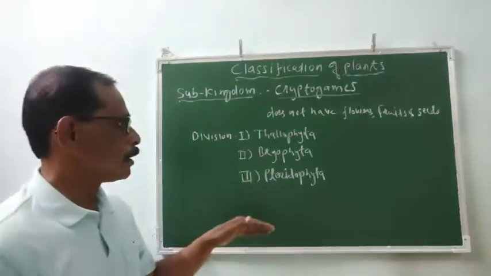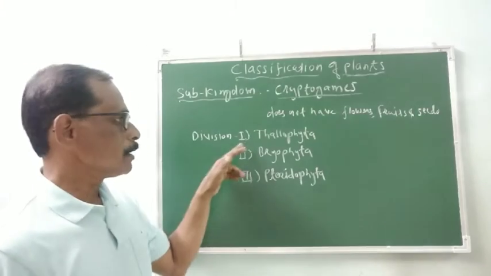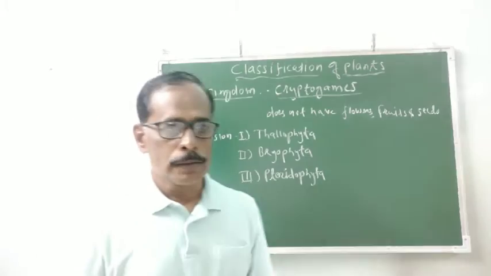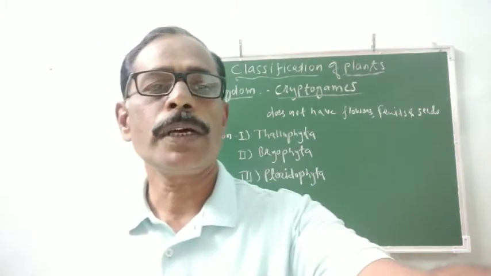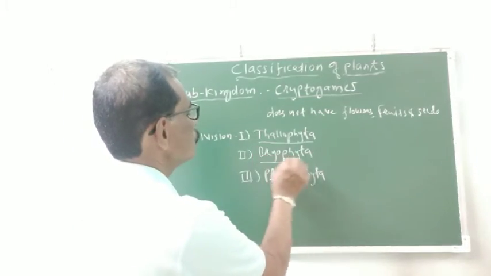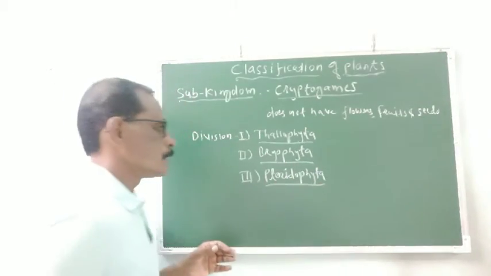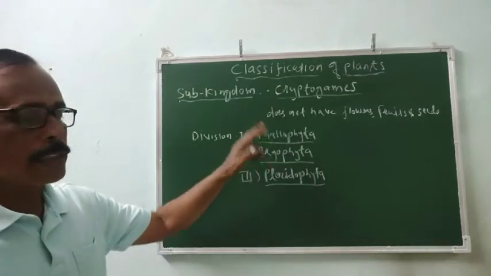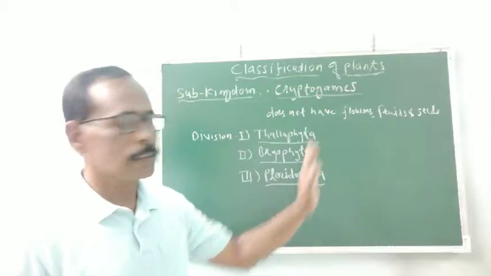Cryptogamous plants are divided into three divisions, that is Thallophyta, Bryophyta and Pteridophyta. In Thallophyta, Bryophyta and Pteridophyta, we see that these are all cryptogamous plants. It means that they do not have fruits, flowers and seeds.